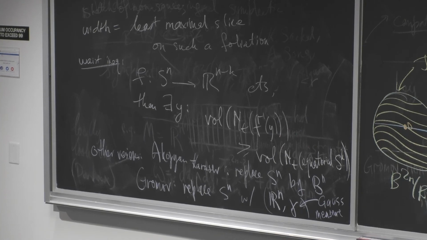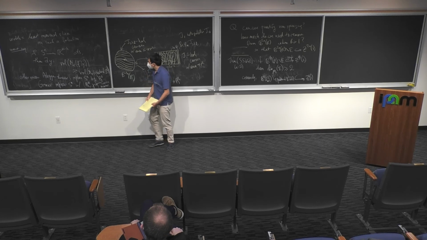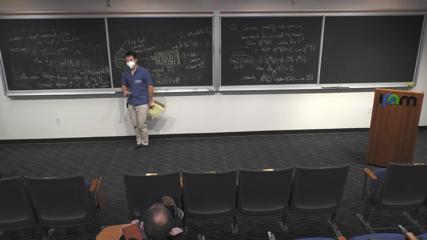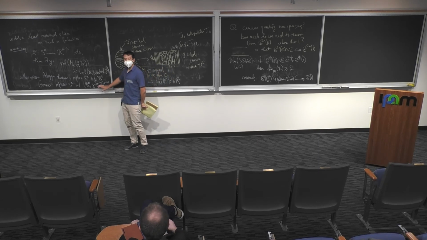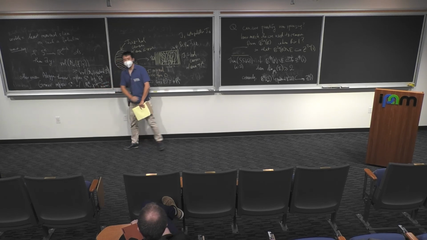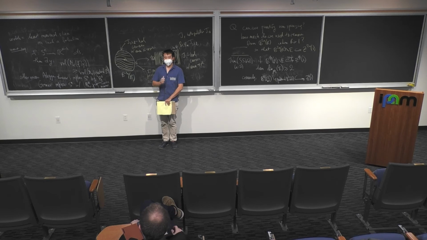Okay, and maybe let me close with a little piece of information and also a question. So this last one, again, concerns these foliations by surfaces which have no assumption on what the surface actually is.